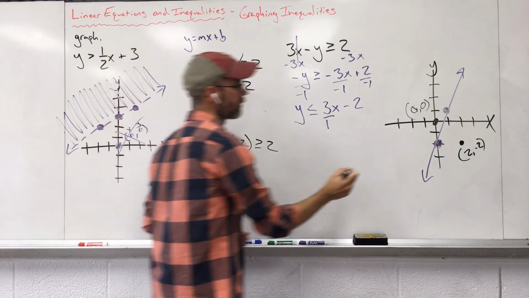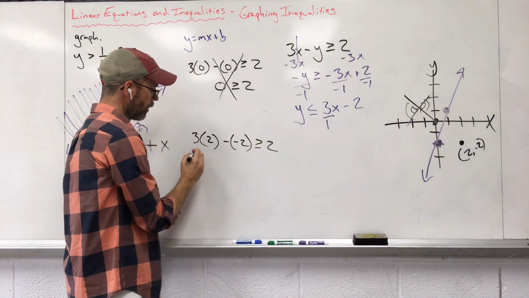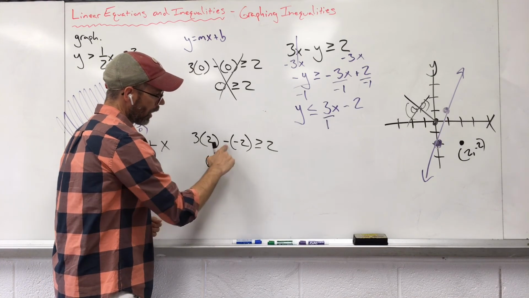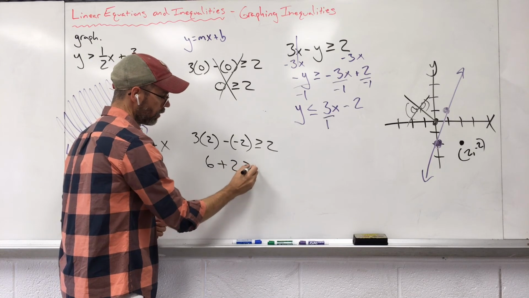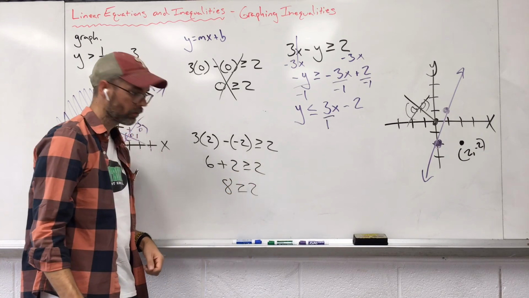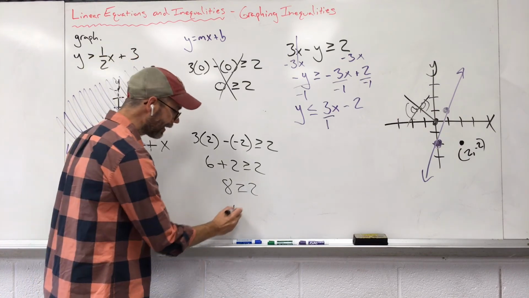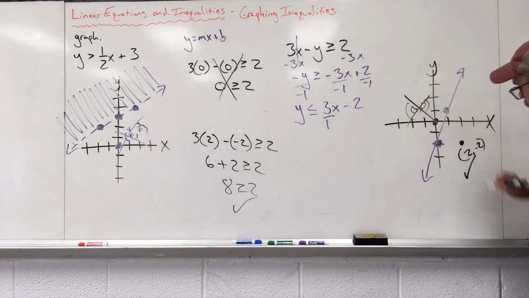If that doesn't make sense, that means this point doesn't work. Let's try the next one. 3 times 2 is 6. A negative negative is going to give us a positive 2. And is 8 bigger than 2? Is it equal to 2? It's definitely bigger. I like this. That makes sense. So when I come back over here, I know that this is true.